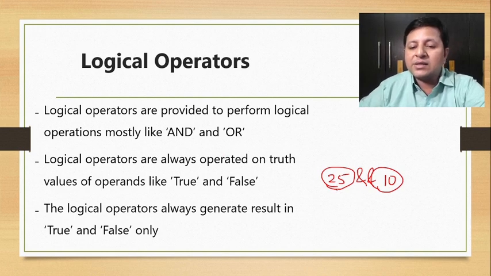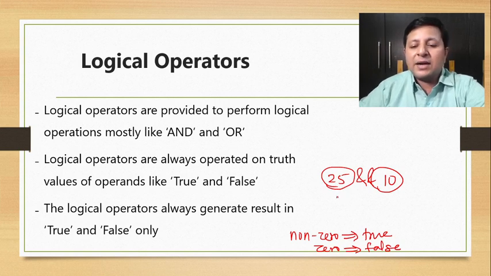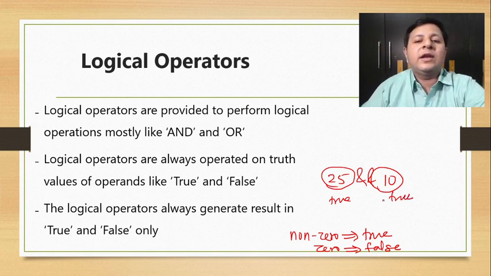It will be handled like this. The rule is simple: any non-zero integer is considered as true. And we only have 0, which is considered as false. So 25 will be considered as true, this will be considered as true, and then it will apply ANDing on the truth values.